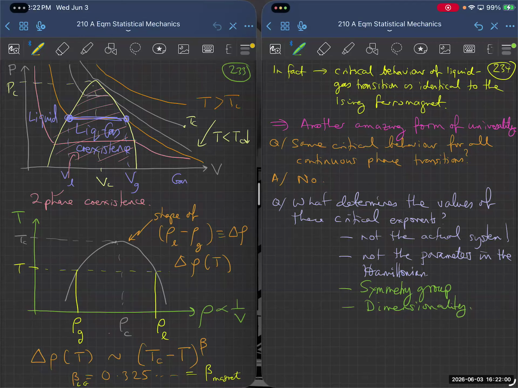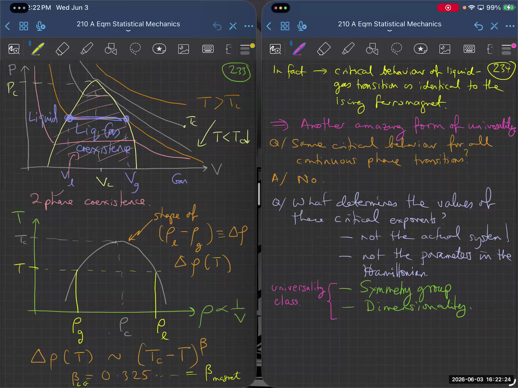And this combination of variables, symmetry and dimension, constitutes what's called a universality class. So this was quite a sensational discovery when it was made in the 1960s and 1970s.